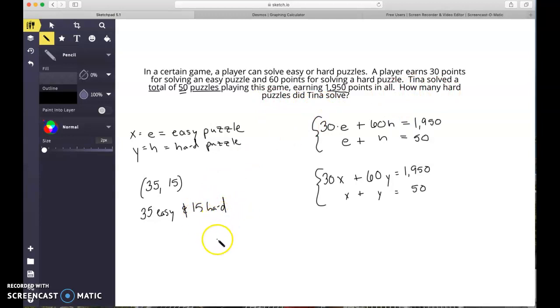And if you want to go back and check that answer, you can go ahead and plug in 30 times 35 plus 60 times 15 equals 1,950. And you can plug in 35 plus 15 equals 50.